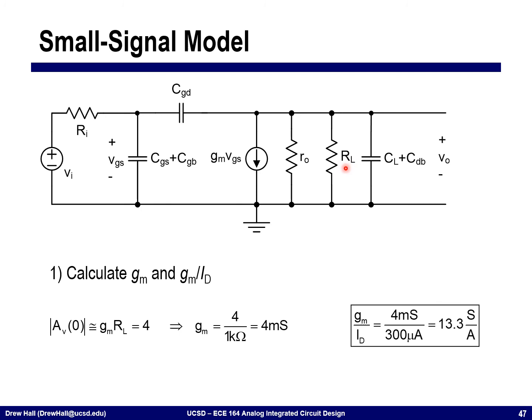RL is only 1 kilo ohm, and so we're going to safely neglect R naught in this case. That gives us a transconductance of 4 millisiemens. If we use all of our bias current and be very greedy, that gives us a transconductance efficiency of 13.3 Siemens per amp.